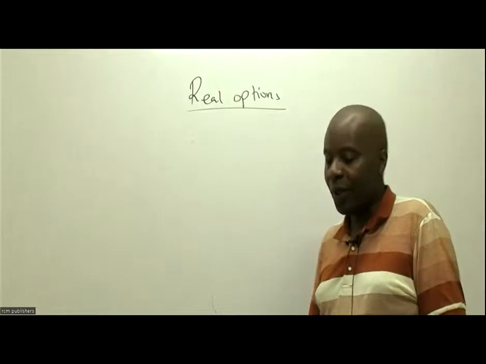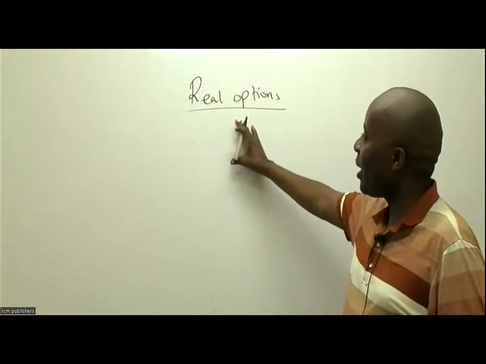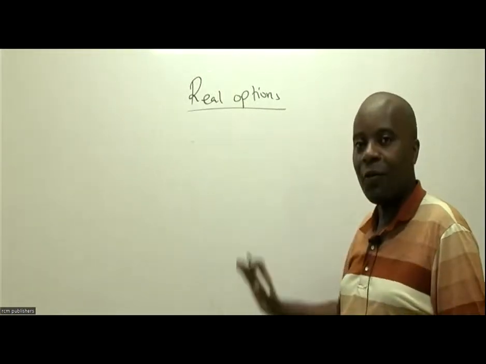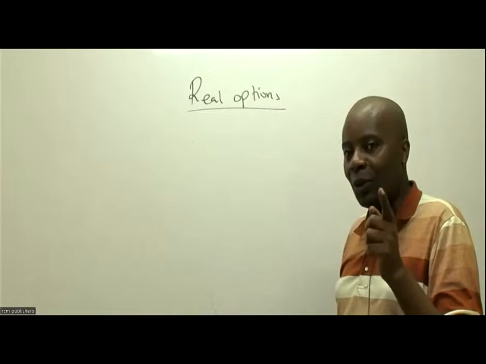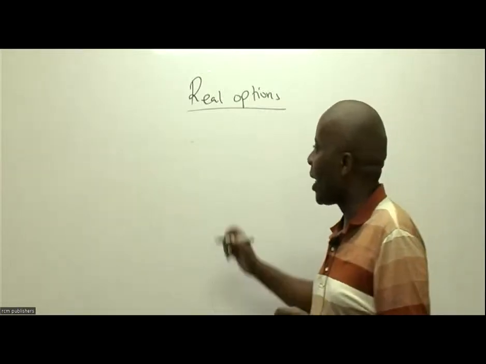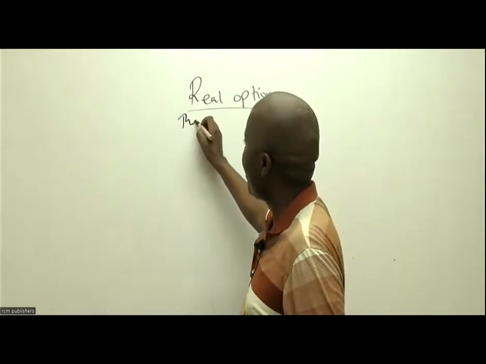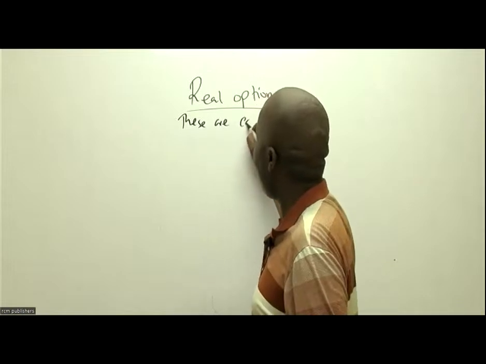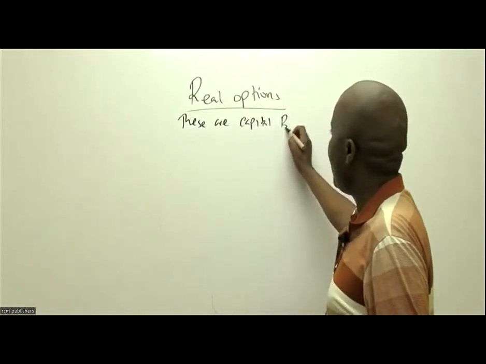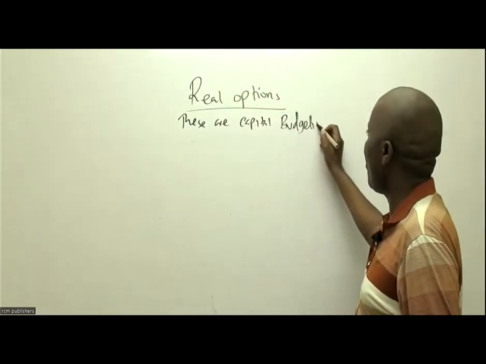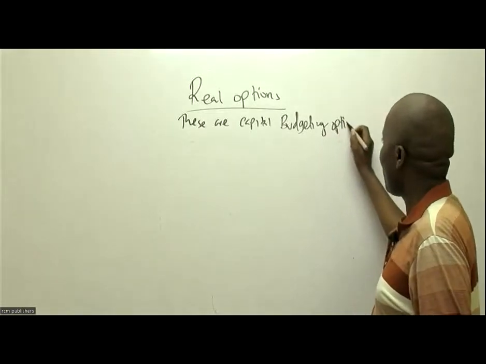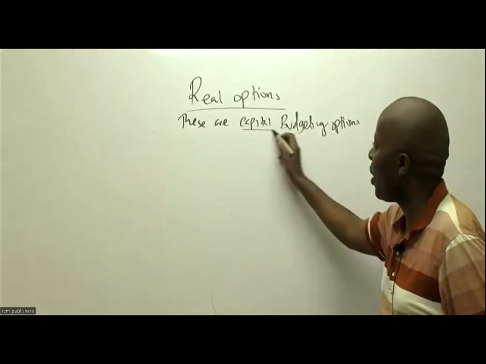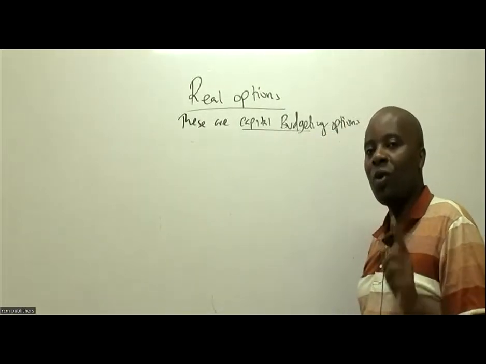So when we talk of real options, these are basically options that are classified under capital budgeting. These are capital budgeting options. When you talk of capital budgeting, of course, capital budgeting is all about making decisions using what here?